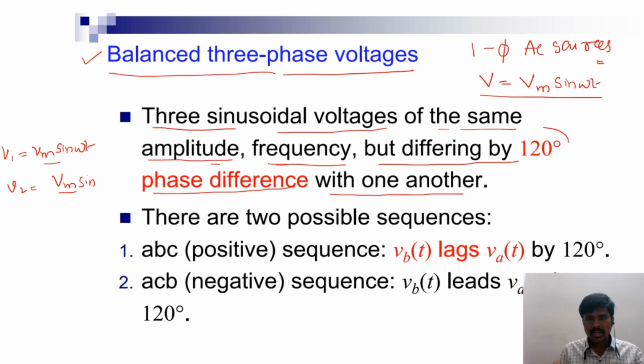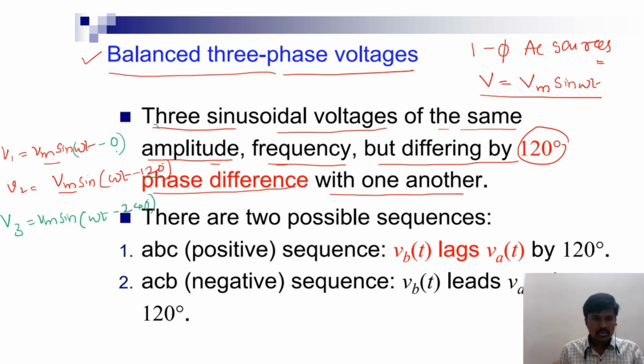The phase angle is the difference, that is 120 degrees. Let us write the other one: V3 = Vm sin of omega t minus 240. Let us say this is 0 degrees. From 0 to 120 degrees displacement, from 120 to another 120 you get 240 degrees.